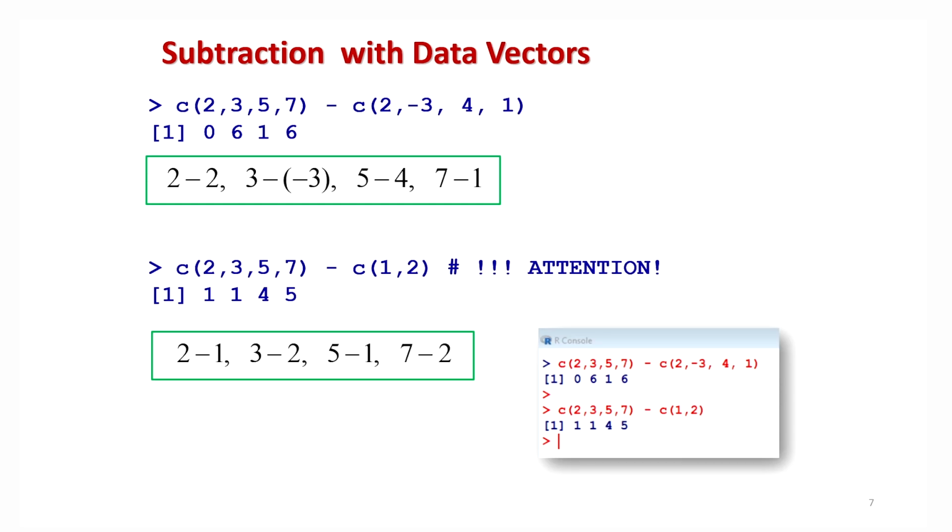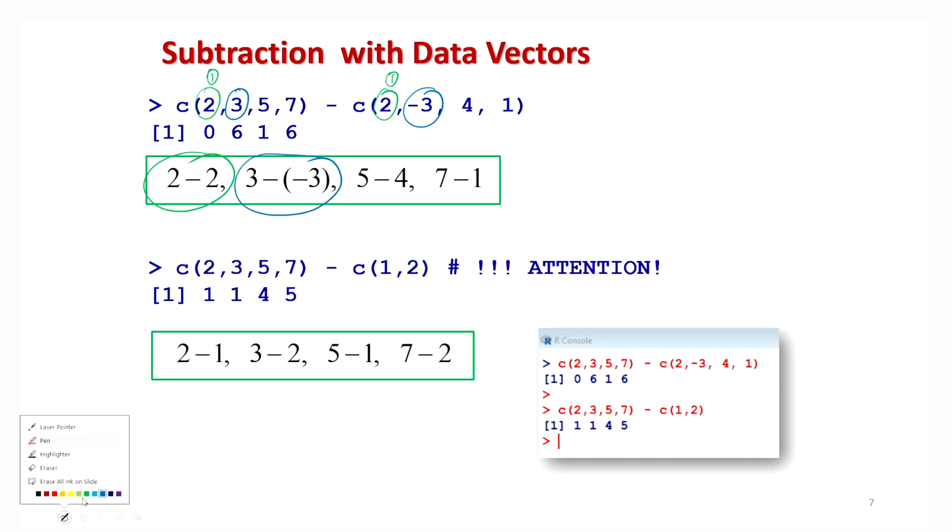Similarly, if you take two data vectors of the same length, then as we have seen in the case of addition that element wise addition is happening, here element wise subtraction is happening. This number 2 and this number 2, which are at position number 1 and 1, get subtracted like this. Then the second element in the two data vectors, 3 and minus 3, get subtracted here.